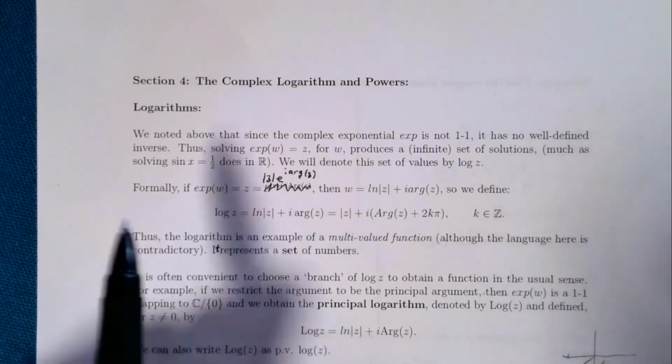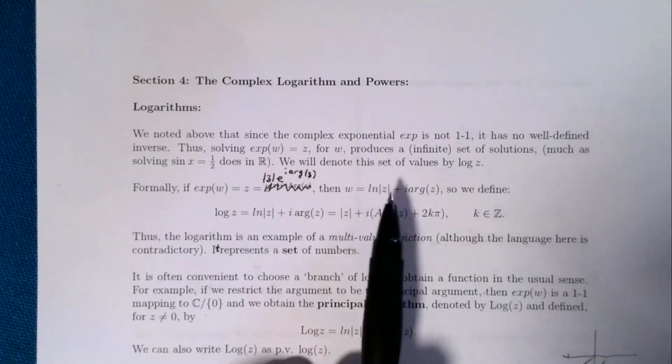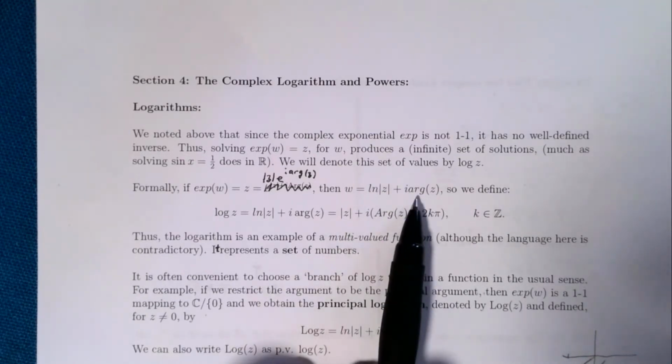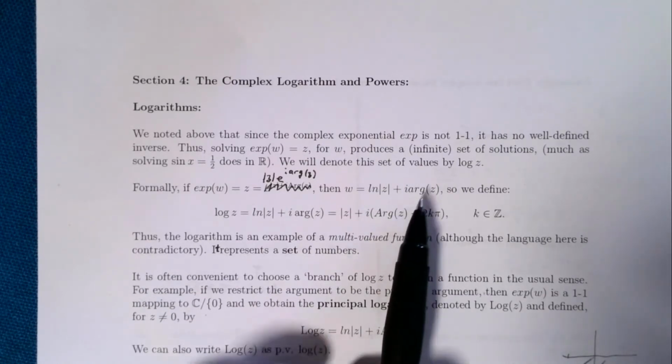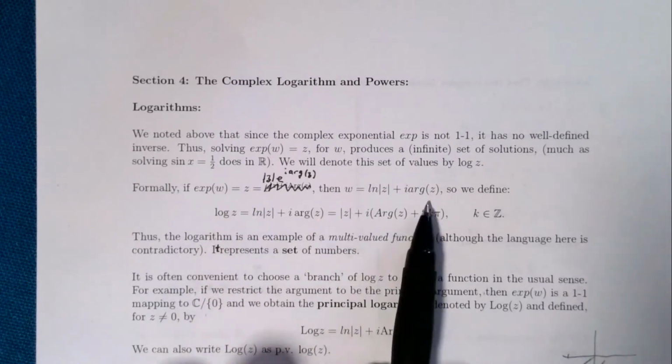Now mod z is real, so I'm going to write ln for the real logarithm that you know and love, plus i times arg z. Now arg of z, of course, is a family of numbers. So that's what happens if I just play with the symbols.